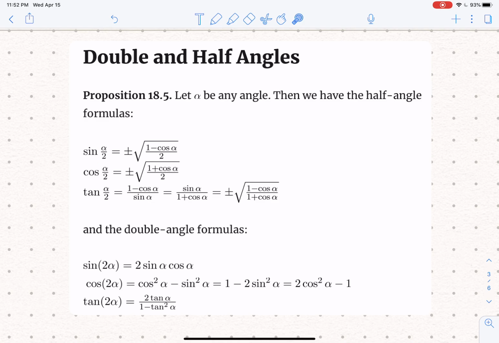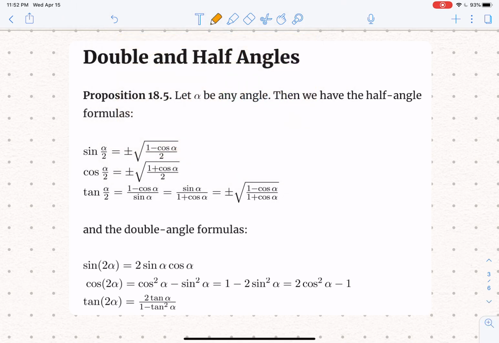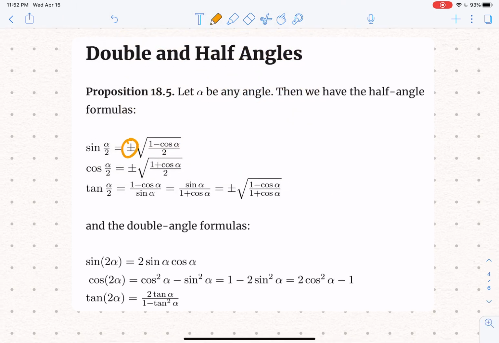So when you cut an angle in half and you want to find the sine of the resulting angle, this is going to tell you how to do it. Something to note is that this plus minus is determined by quadrant.